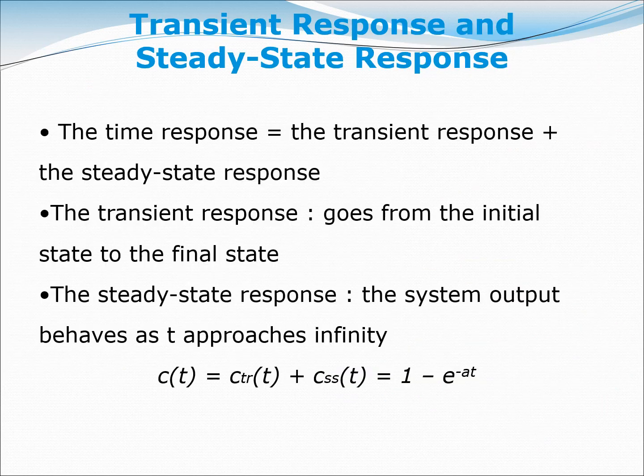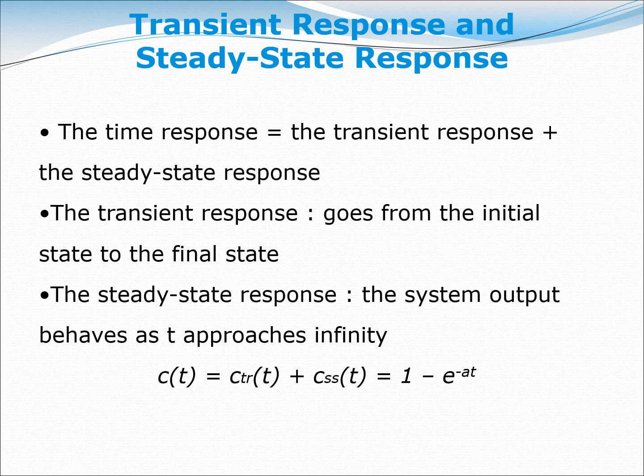Next, also the definitions of transient and steady state response. The time response, like I said, consists of the transient response plus the steady state response. The transient response goes from the initial state to the final state, and the steady state response is how the system output behaves as t approaches infinity.